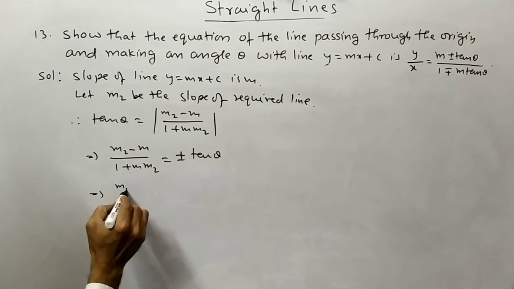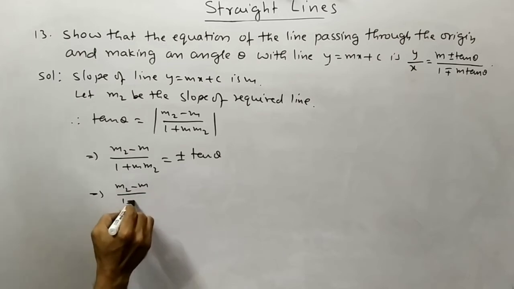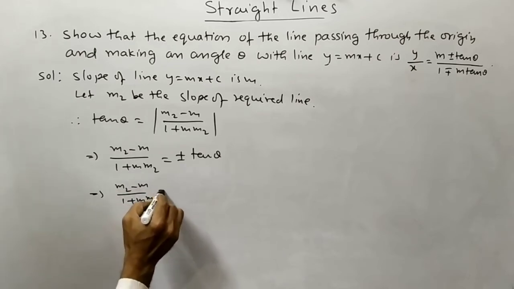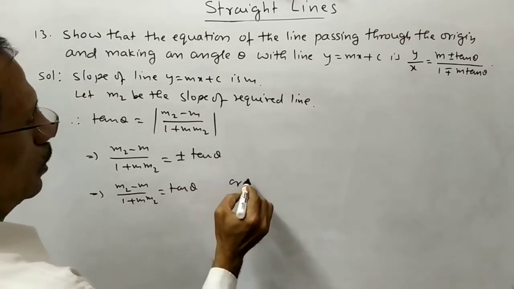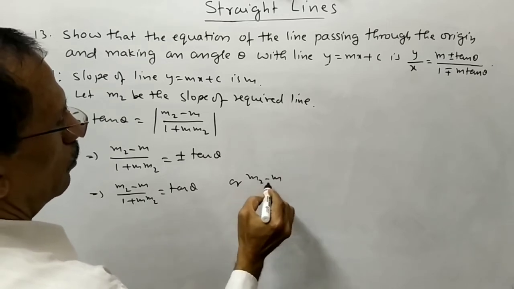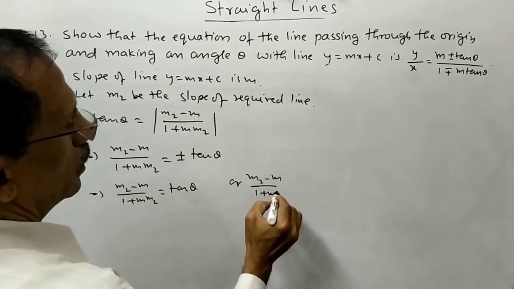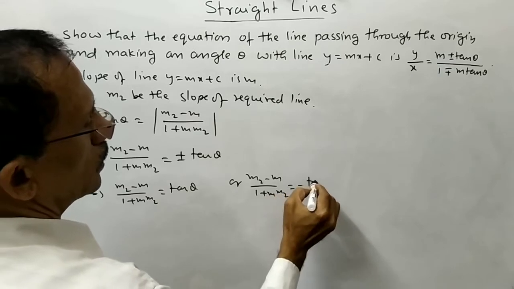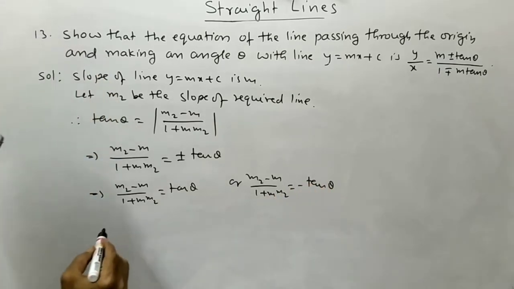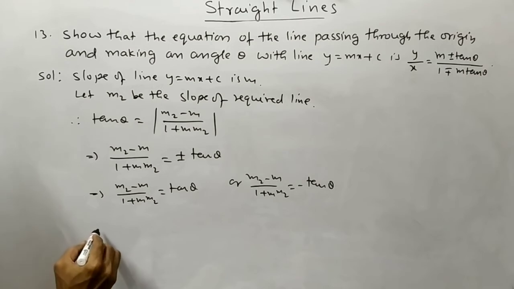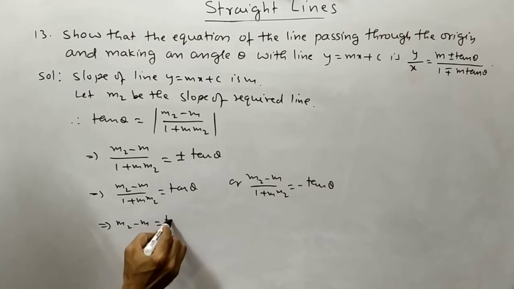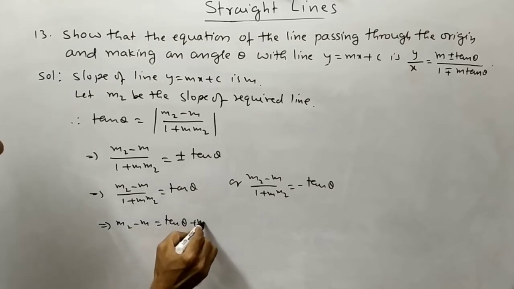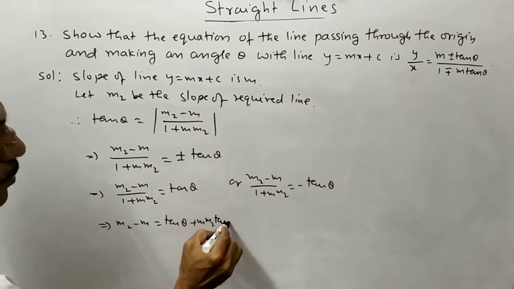Implies m2 minus m divided by 1 plus m m2 is equal to tan theta, or m2 minus m divided by 1 plus m m2 is equal to minus tan theta. Let us simplify these equations separately.